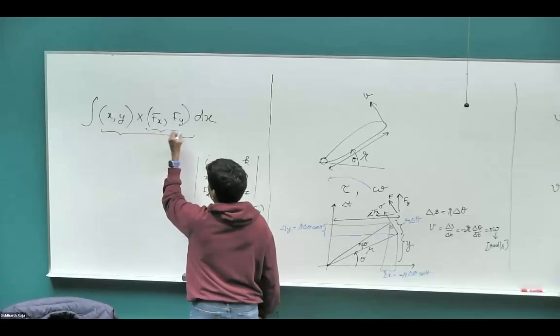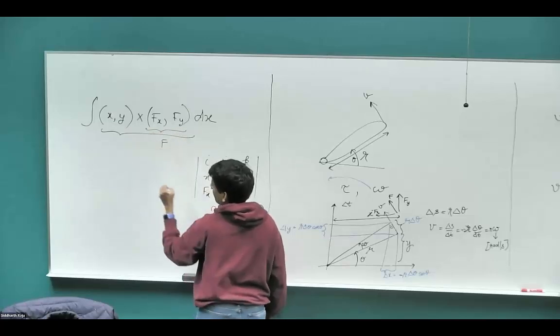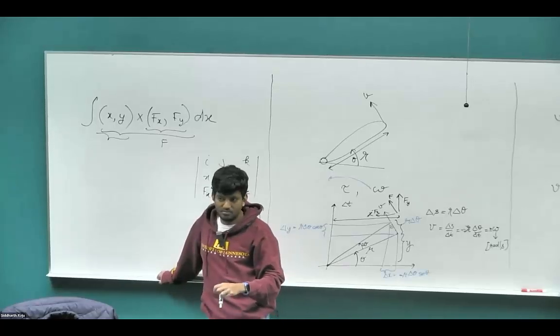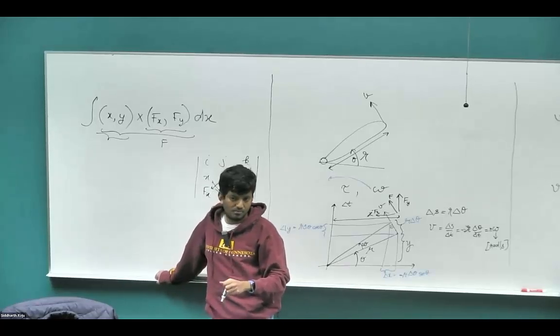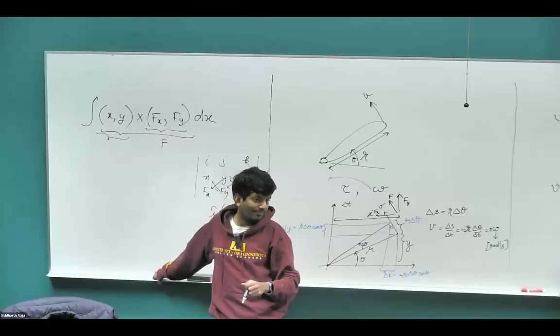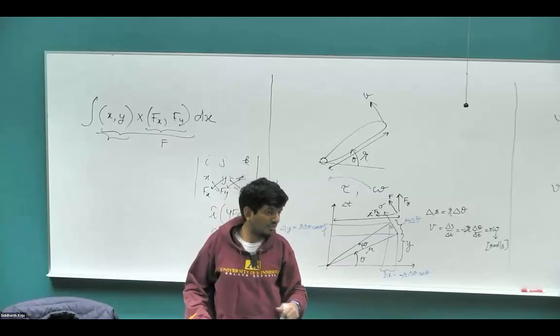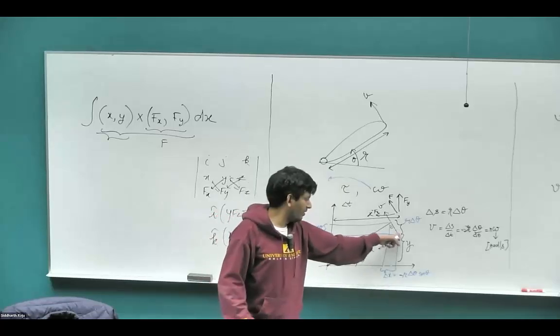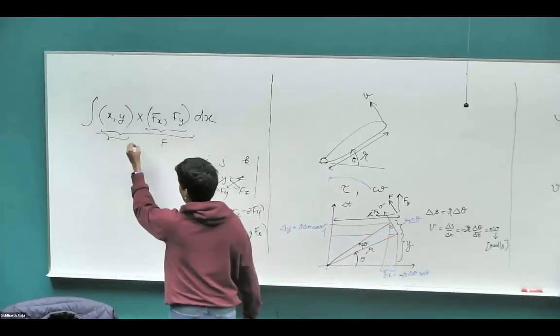So this itself is our force vector. And what is this vector? X comma y. Position. It's the radius, right? The position at the tip of the rotating rod. So that's effectively the radius vector.